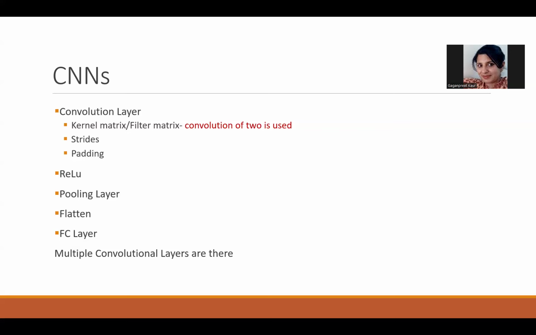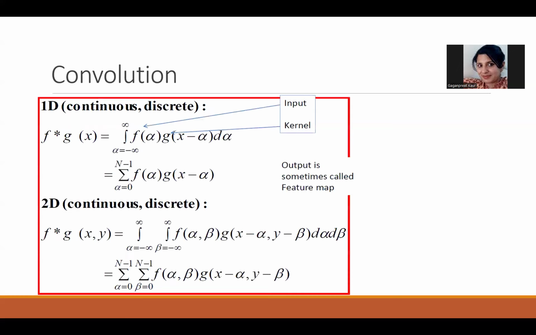In any CNN, multiple convolutional layers followed by ReLU and the pooling layer are there, and we have a single flattening layer. Fully connected layers can be more than one, depending on the image size, the applications, and the features we have extracted. The purpose of the fully connected layer is to move towards classification, whereas for the convolutional layers along with ReLU and pooling, the motive is feature extraction.